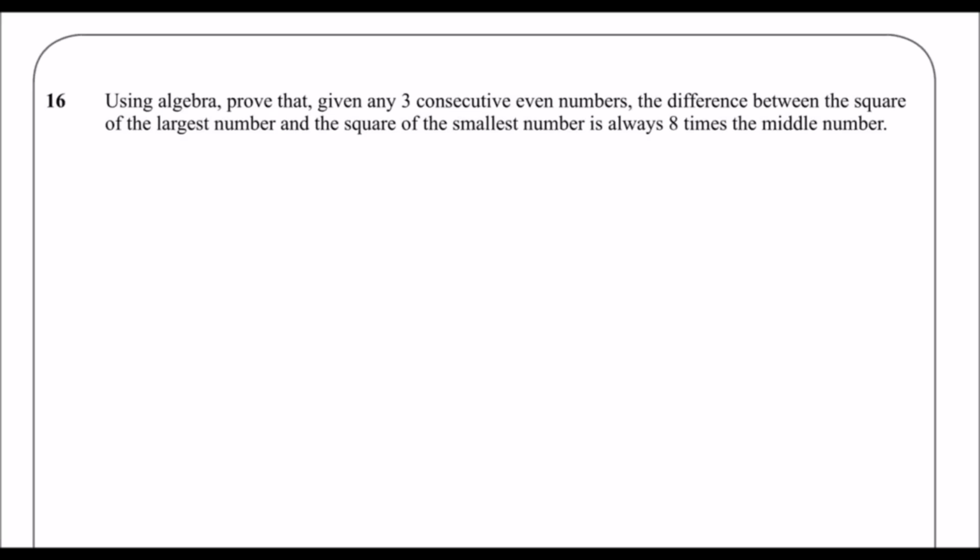Question 16. Using algebra, prove that given any 3 consecutive even numbers, the difference between the square of the largest and smallest is always 8 times the middle number. If we call the first even number 2n, the one after it is 2 more, so 2n plus 2, and the one after that is 2 more again, 2n plus 4.